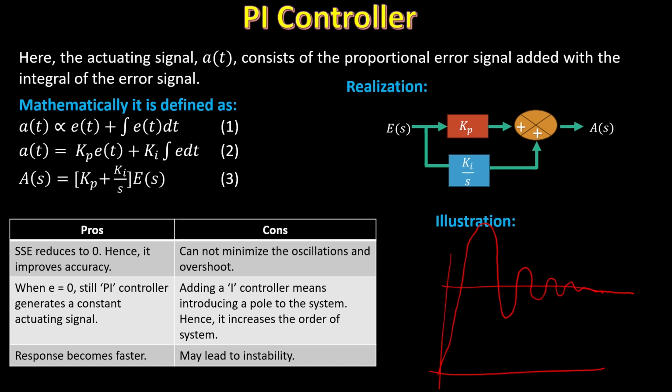If we can tolerate this kind of oscillations, then we can employ this PI controller, because the advantage is the error will be exactly 0. That is the major advantage of the PI controller. The remaining advantages and disadvantages, just for the sake of completeness, you can read at once.